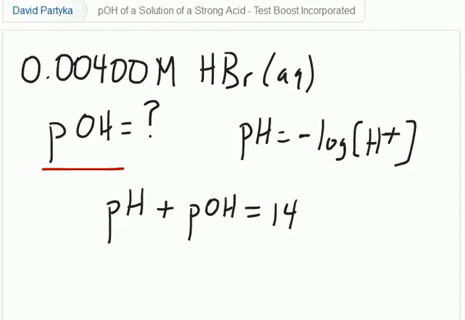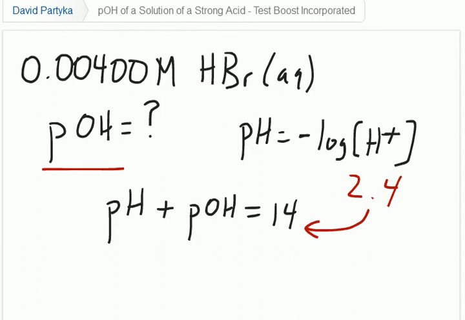And for this problem, taking the negative log of 0.00400 is 2.4.